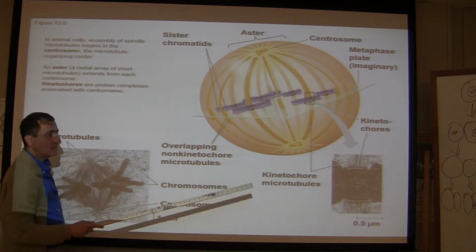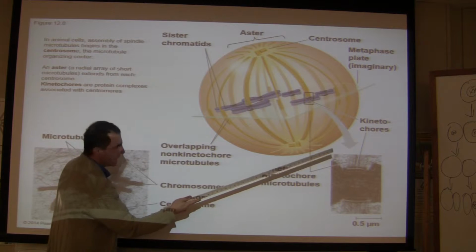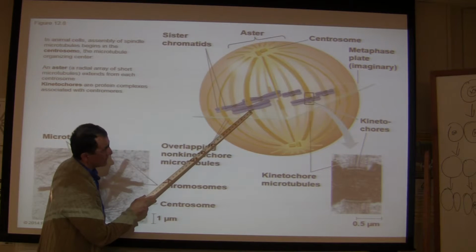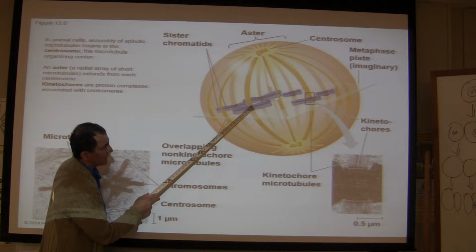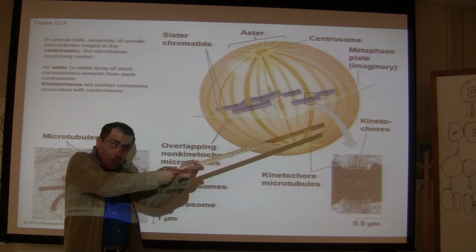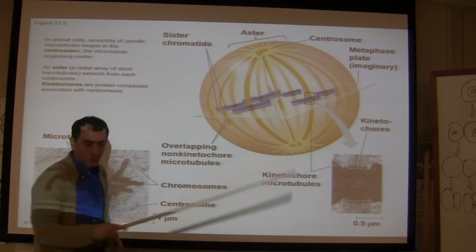I hope you see the fine line difference: kinetochore microtubules attach to kinetochores, and kinetochores attach to chromosomes, and of course these are the ones that, like a rope, pull the chromosomes. Okay.